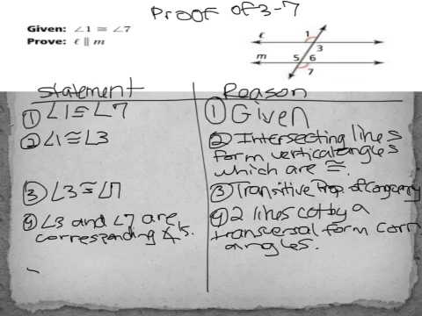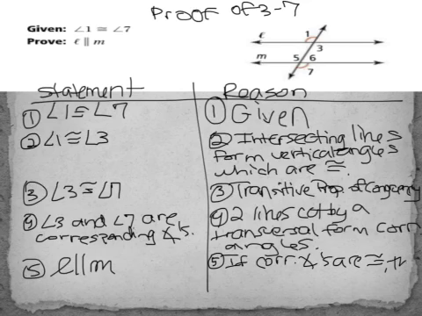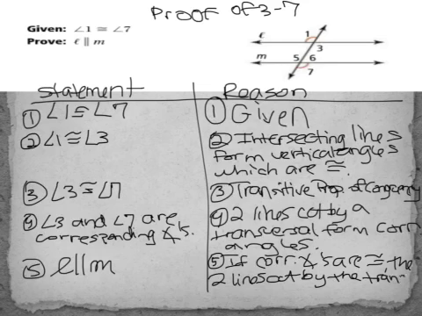We can now say that line L is parallel to line M because if corresponding angles are congruent, the two lines cut by the transversal are parallel. And we abbreviate parallel here.